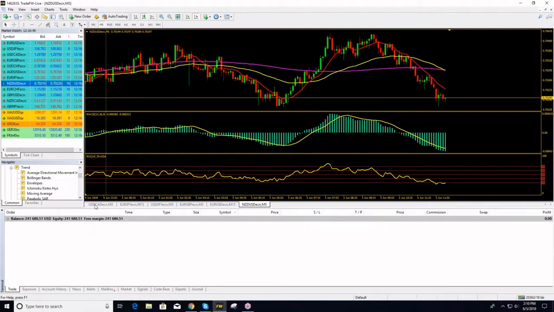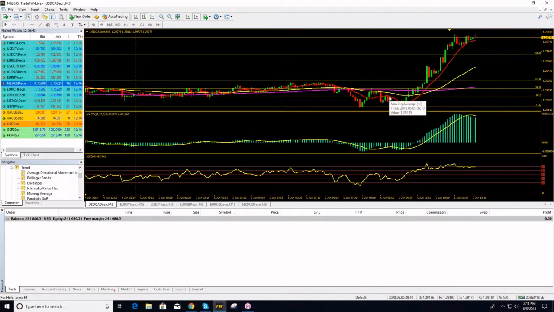All right. Dollar CAD. Okay, we have new highs, but on MACD, the current bar is not higher than the previous. So this means that, again, we are just waiting for the candle to close below MA10 and go for a short position.